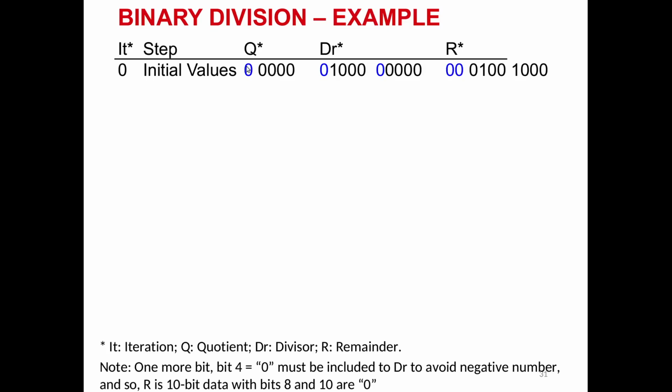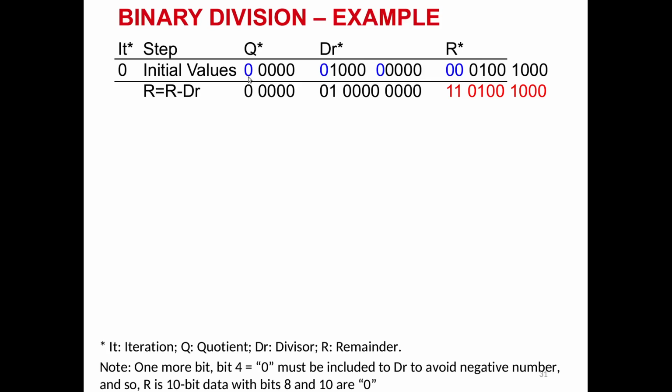And we also need q to be the same size as dr, and so one more bit 0 must be added here for q. And now we go to the first step.